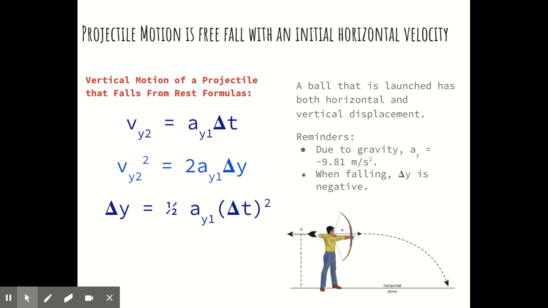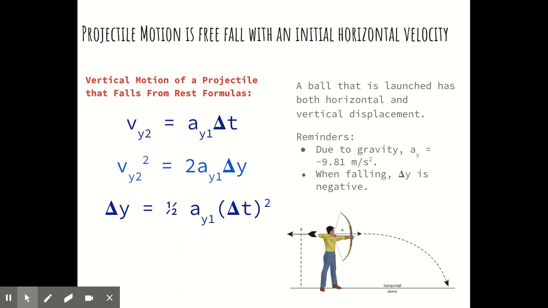So remember that gravity is going to be negative 9.81, and when it's falling, delta y, your vertical distance, will be negative because it's going downward. Okay, so keep that in mind. If it's on its initial way up to the peak, that vertical distance will be positive, and if it's on its way back down, it'll be negative.